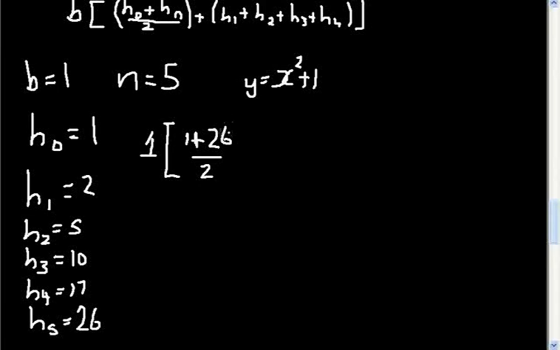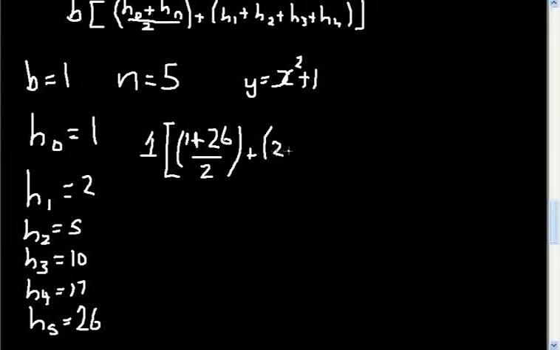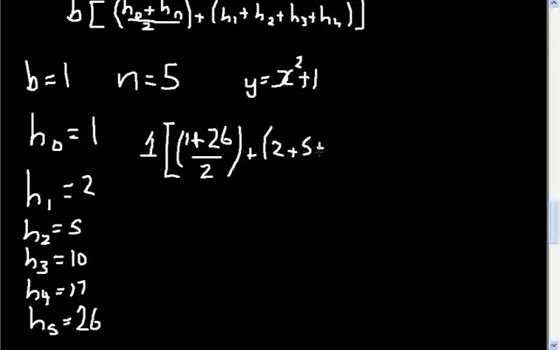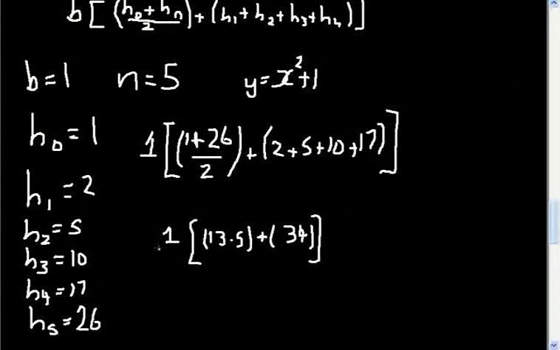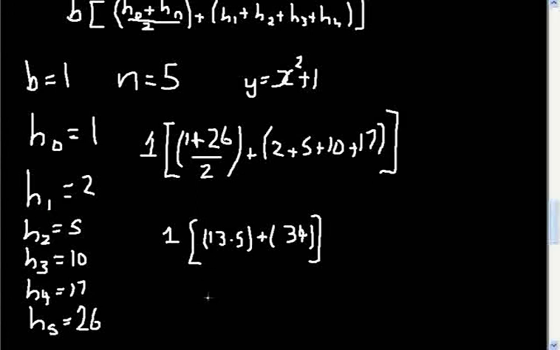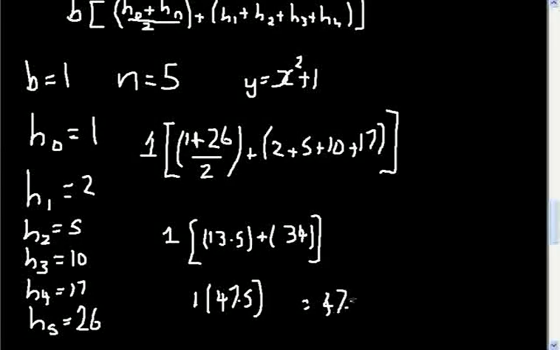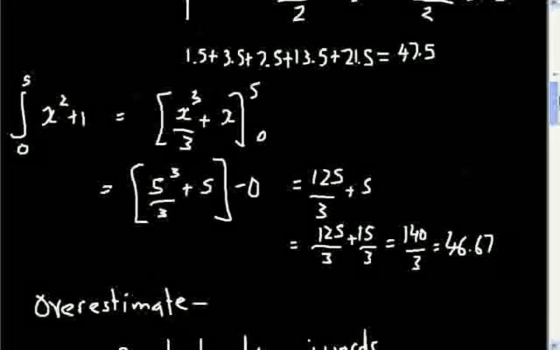That's divided by 2, plus I add all the other heights, which is 2 plus 5 plus 10 plus 17. If I simplify that, I get 1 times 47.5, which is in fact 47.5, and that's the answer that we got previously.